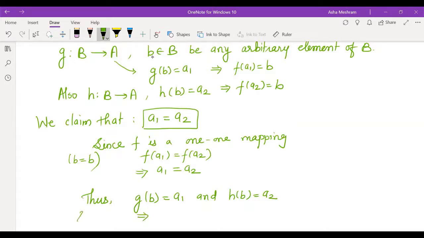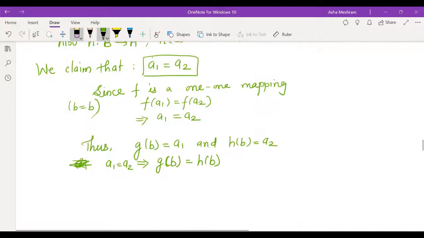Therefore a1 equal to a2 implies G of b is equal to H of b.